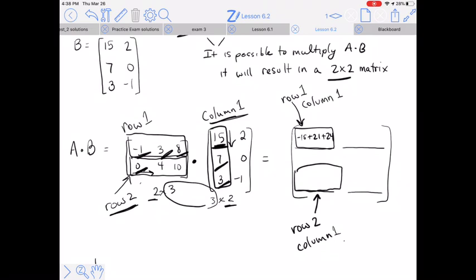This entry and this entry again are going to multiply. So 0 times 15 is 0. Then I move across this row and down the column. So I'm going to have 4 and 7, which multiply to make 28, so I add 28. And then I move across the row to 10. So I've got 10 here and 3 here, and 10 times 3 is 30, so I add 30.